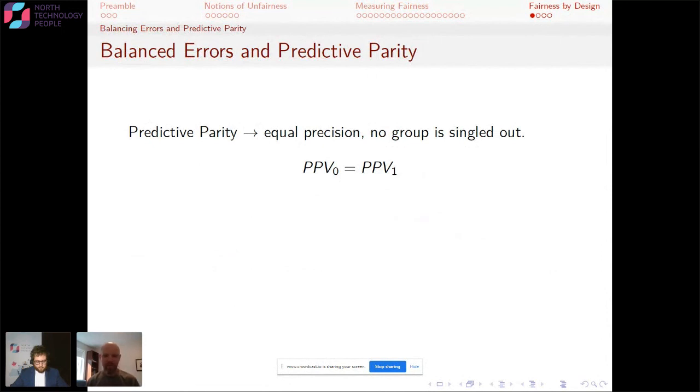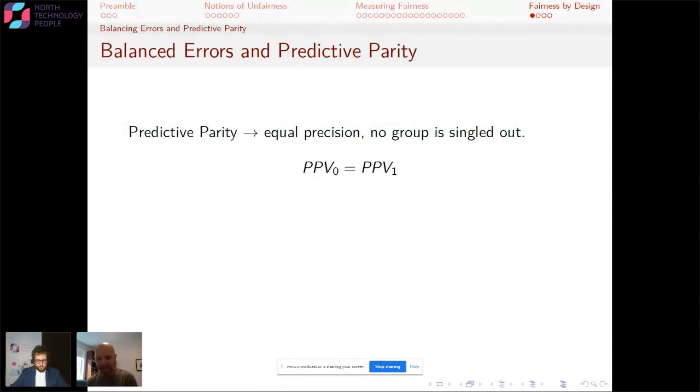Essentially, if you go with equality of opportunity, you will create a scenario where you have to do some affirmative action, for lack of a better word, where you're going to have to allow people who don't deserve the favorable outcome to get it from the protected group in order to make sure that you don't leave people behind. But that, of course, creates a disparity in your precision, in your predictive parity, and essentially makes it easier, if you will, to get accepted if you are part of the protected group.